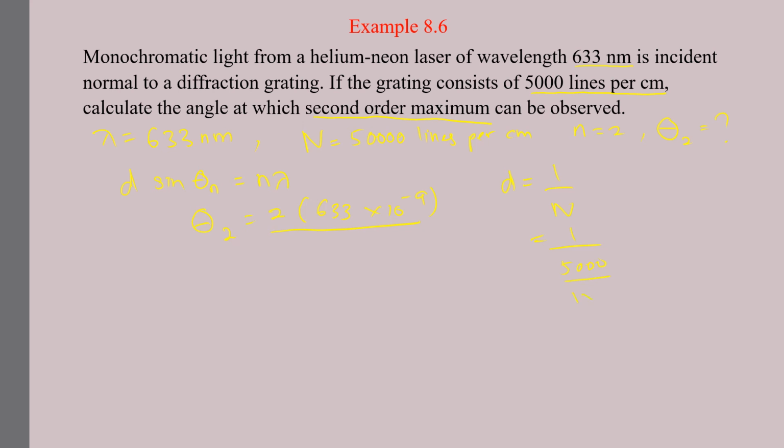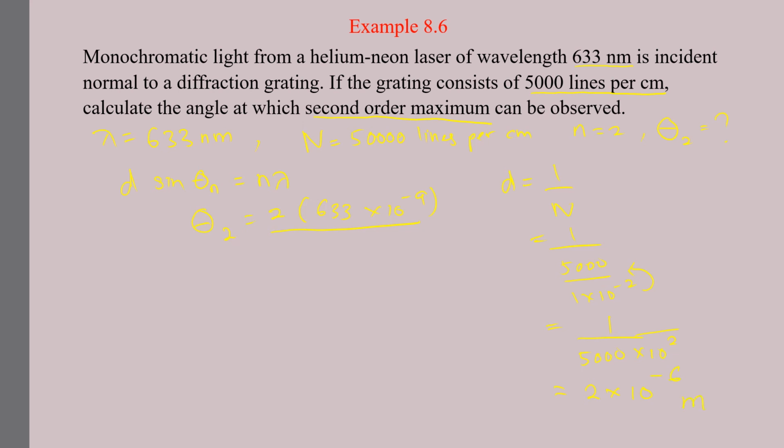So 1 times 10 power of negative 2 over 5,000, negative 2 on top, so times 10 power of 2. So d is equal to 2 times 10 power of negative 6 meter.